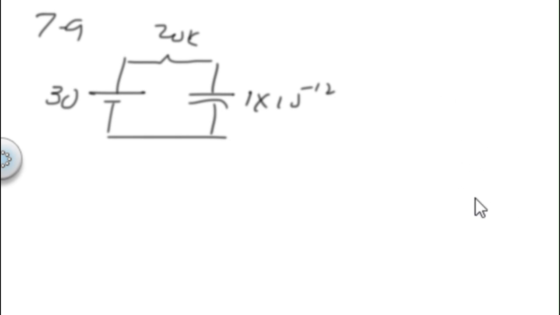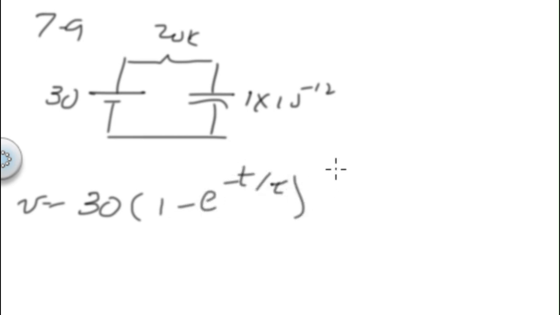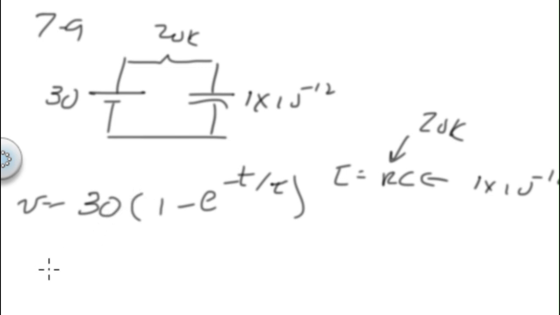So what is our equation? It's 30 for voltage. Voltage is equal to 30 times 1 minus e to the minus t over tau, where tau is equal to RC. R is 20K. C is 1 times 10 to the minus 12th. Excuse me, current is equal to 30 over 20K times e to the minus t over tau.